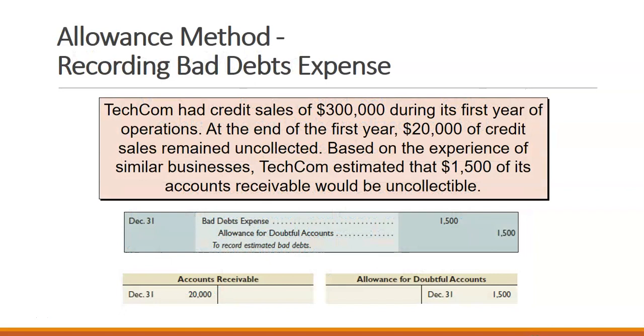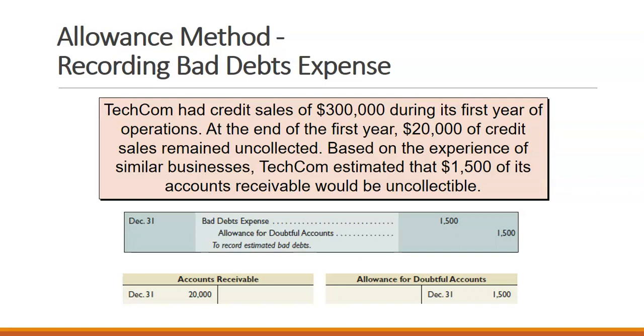When using the allowance method, we generally have a percentage of sales based on historic information, so we have an idea of how much is not going to be received. In this example, at the end of the year, we had $300,000 in credit sales during our year of operation, and $20,000 of credit sales remain uncollected.